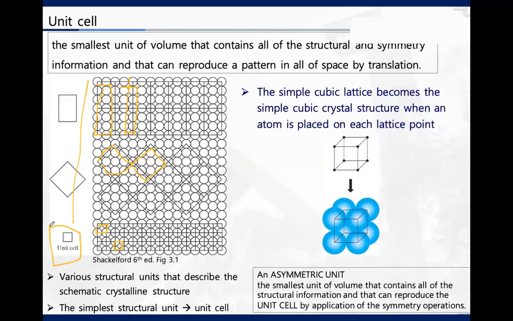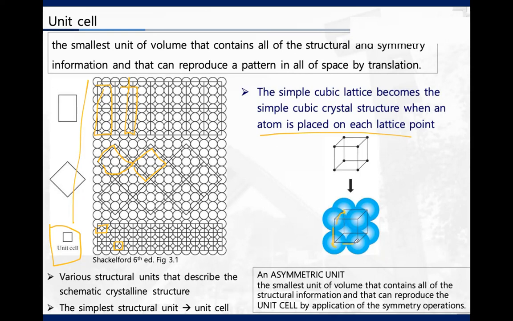Okay, and the other point is that atoms are placed on each lattice point. So all the situations will produce similar configurations by reproduction of this unit cell, right?